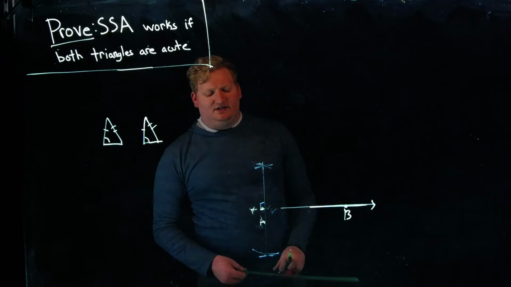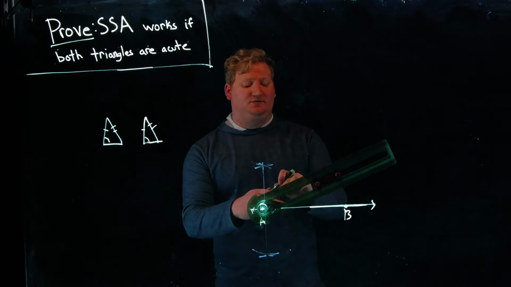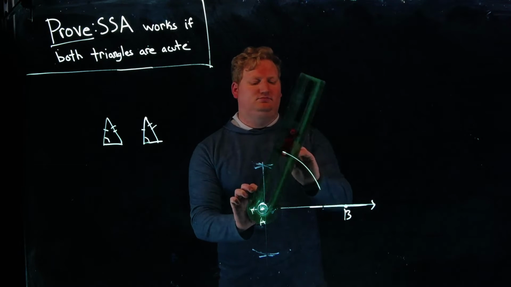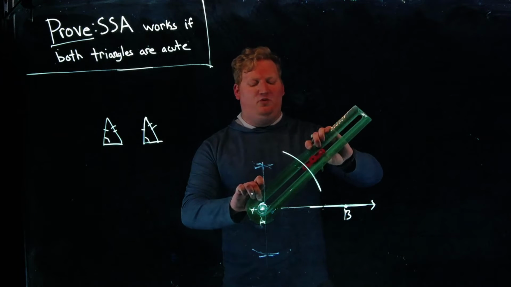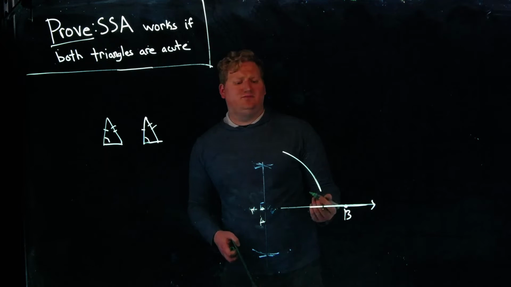So what we can do next is at point A, construct an arc of all the possible angles that we could make. Any point that lies on this arc, we can use now. So be a little creative.